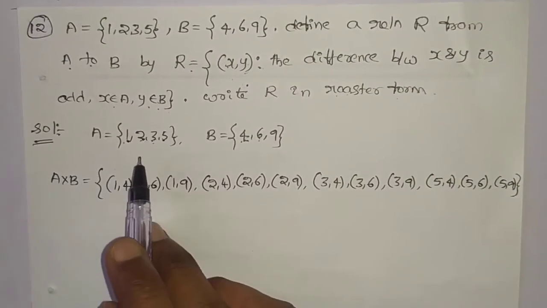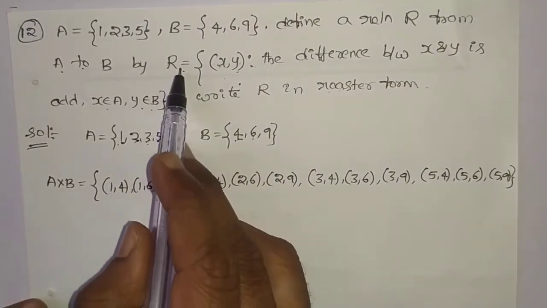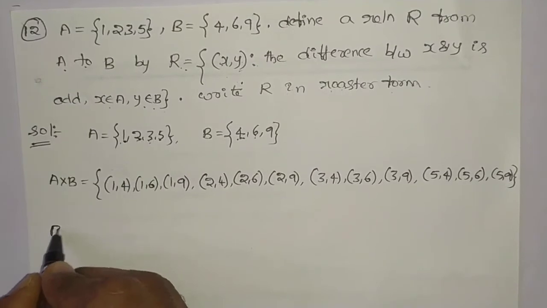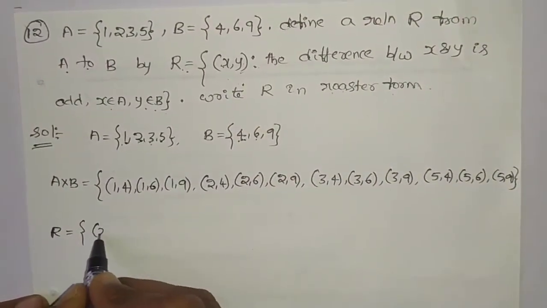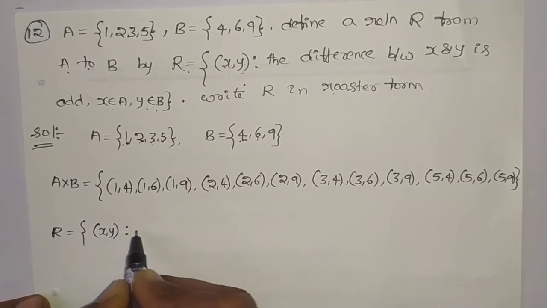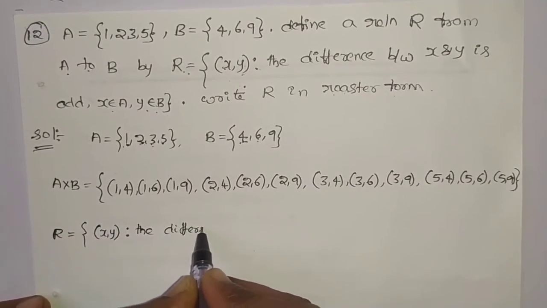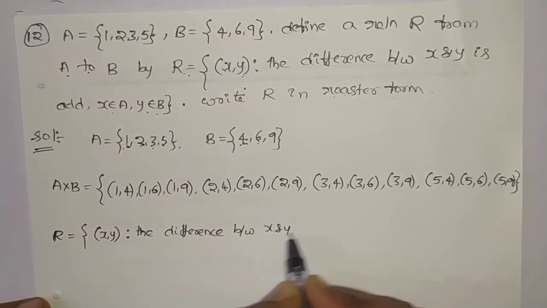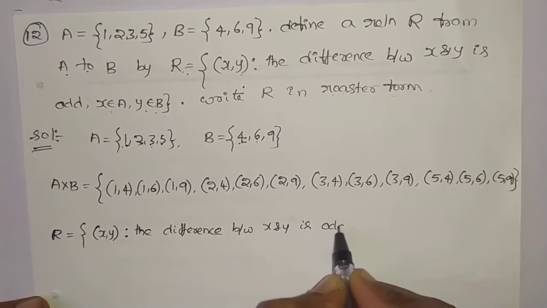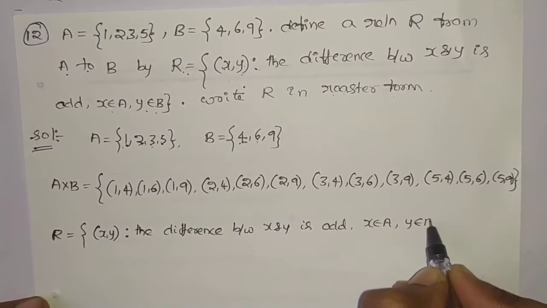It is the Cartesian product of A and B. Next we have to find the relation R, which is in roster form. First write down (x, y) such that the difference between x and y is odd, where x belongs to the set A, y belongs to the set B.